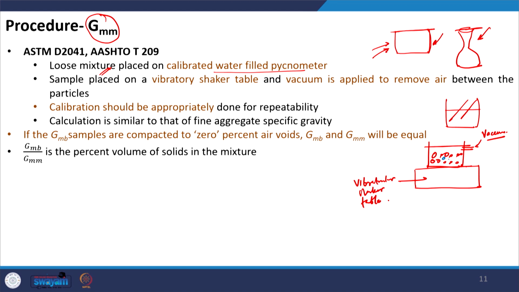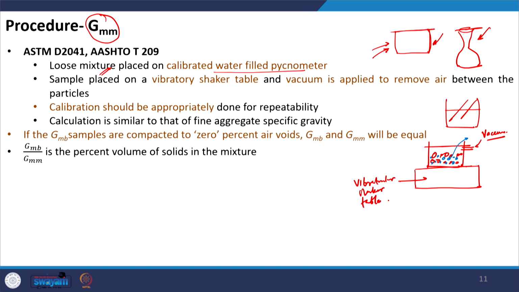There will be some air bubbles in the mixture when it is dipped inside the water. I have to remove these air bubbles because I want the voidless volume of the mix. I do not want any voids within the loose particle mixture. I use the shaker table because shaking helps to pull out the air bubbles, and it helps the aggregate particles to settle or orient themselves properly, and then the vacuum is additionally applied so that we are forcefully pulling out the air bubbles between the aggregate particles.